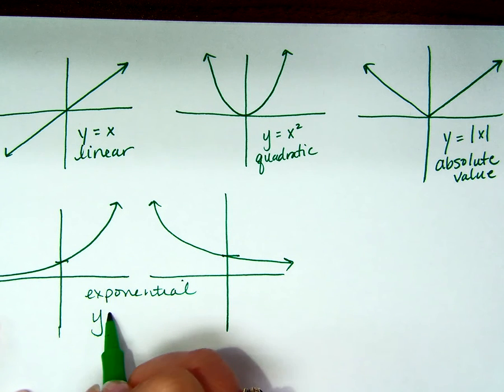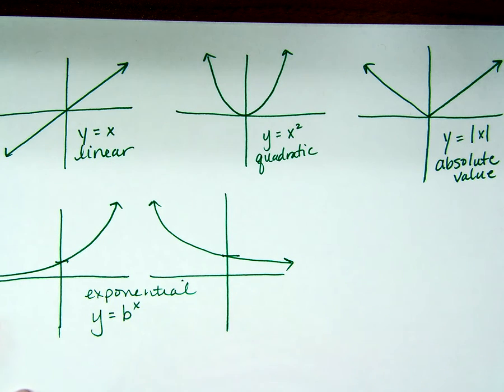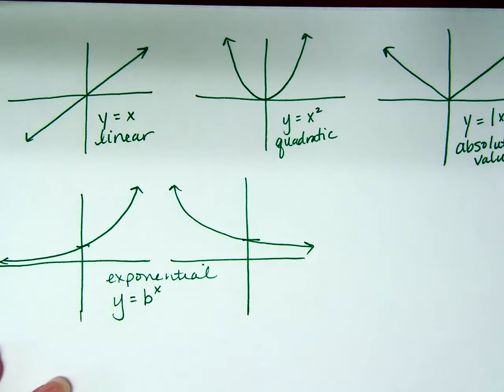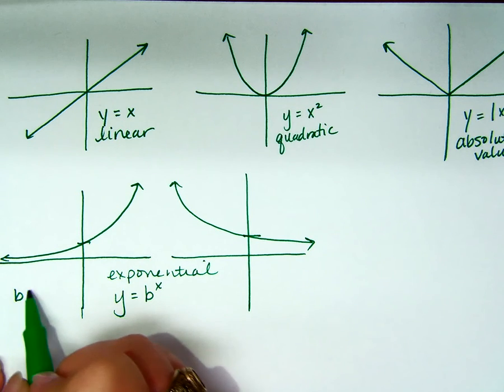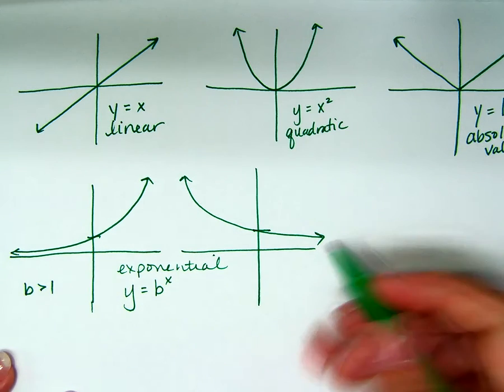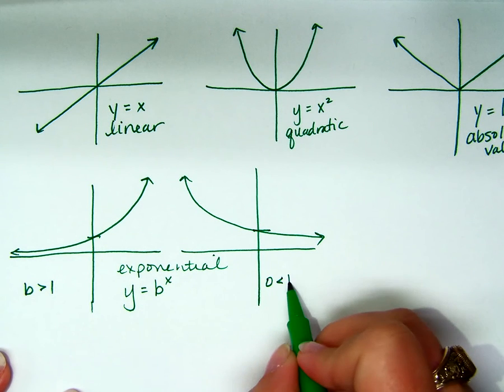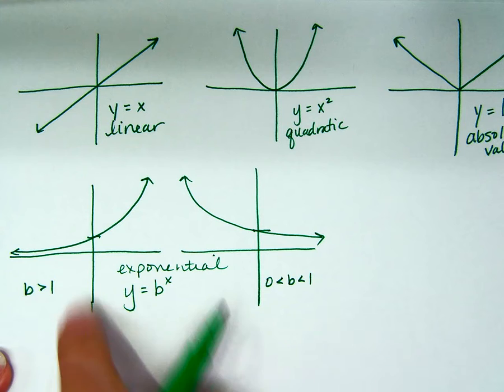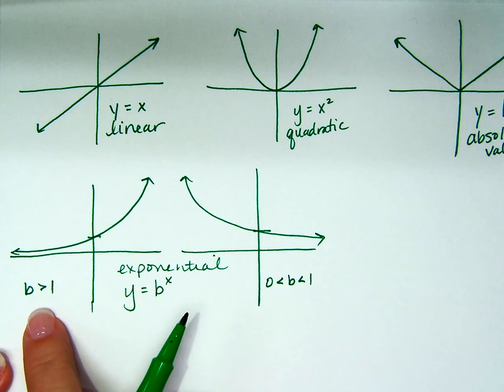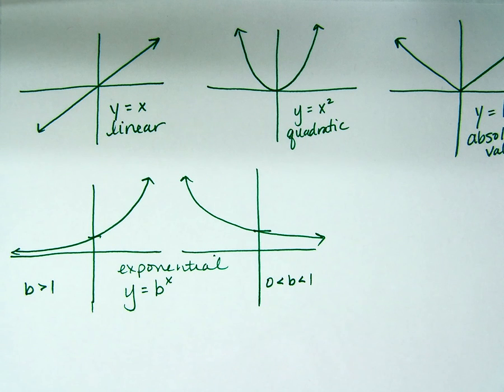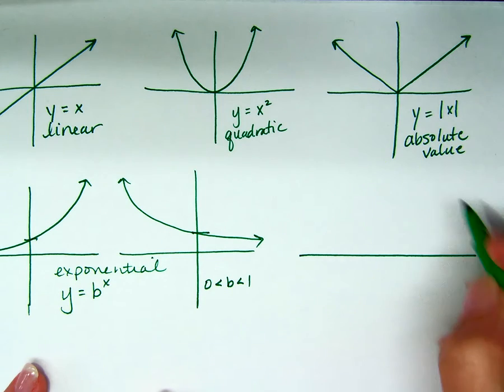Y equals b to the x power. This one was where b was greater than 1, and then this one was where b was between 0 and 1. Increasing is when b is greater than 1. Decreasing is when b is between 0 and 1. Remember those?